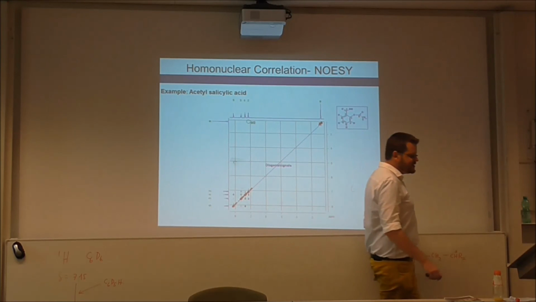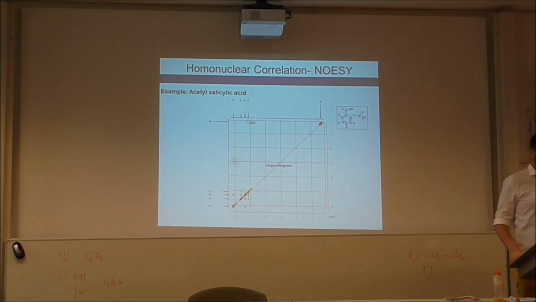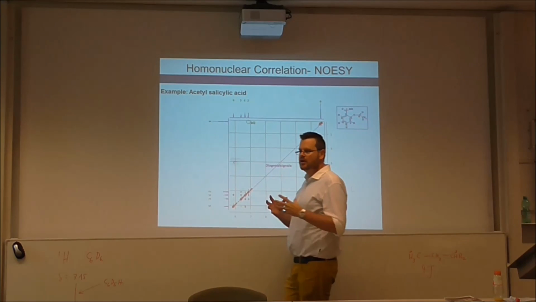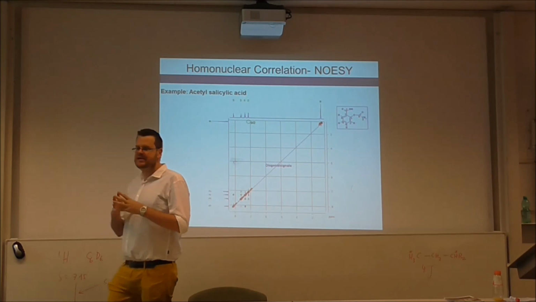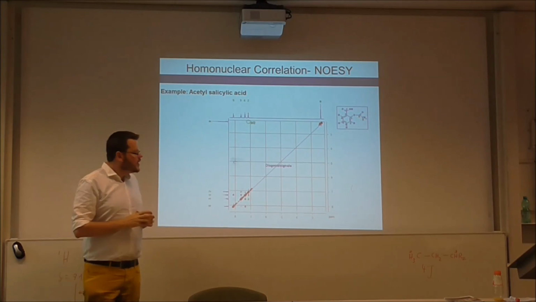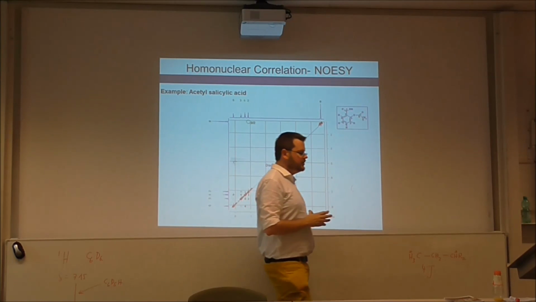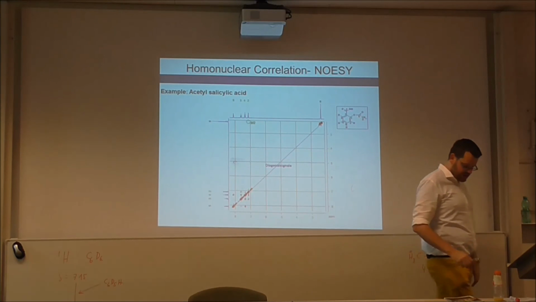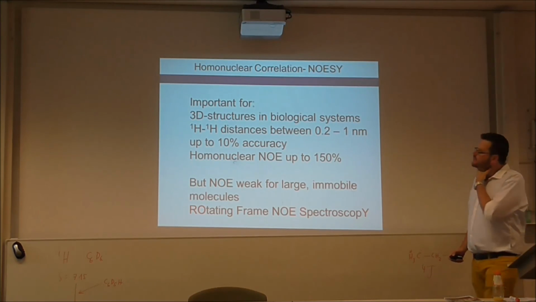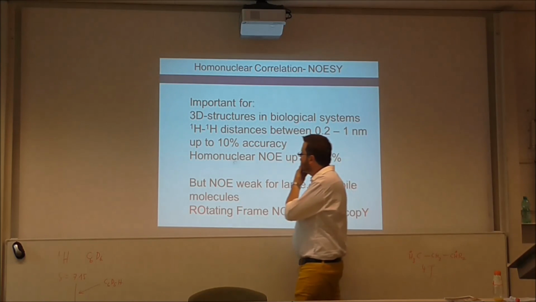Now, this is a very simple compound, but if you record a NOESY spectrum of a protein, you'll see lots and lots of cross peaks, and it enables you to elucidate the three-dimensional structure of a protein. And here are some notes on that.